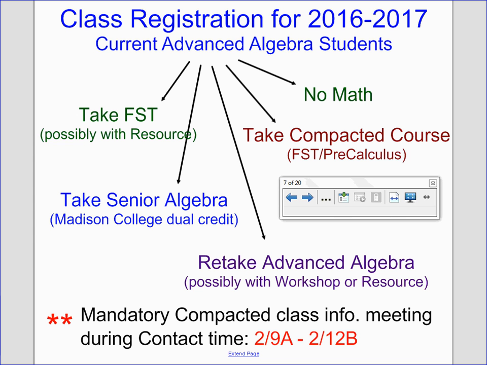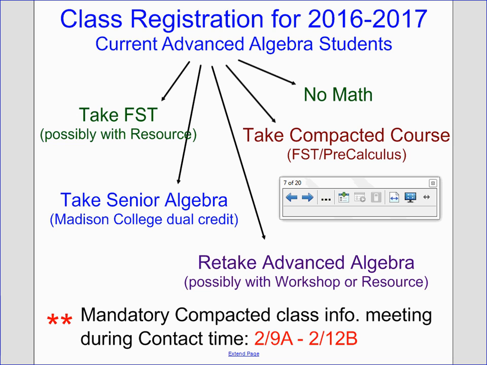FST would be the next course that follows advanced algebra, and that stands for functions, statistics, and trigonometry. That's the main sequence that follows advanced algebra, and then that would lead to your senior year taking pre-calculus to make sure you have a comprehensive foundation of math skills as you move on towards college.